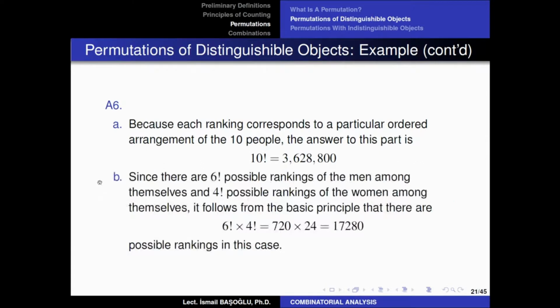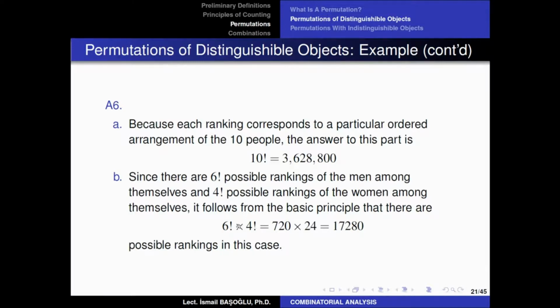The first experiment is ranking the men among themselves. And I know that there are 6 factorial possible rankings, or 6 factorial possible permutations, just among the men. And the second experiment is to rank the women among themselves, and there are 4 factorial possible rankings among these women, 4 factorial possible permutations.